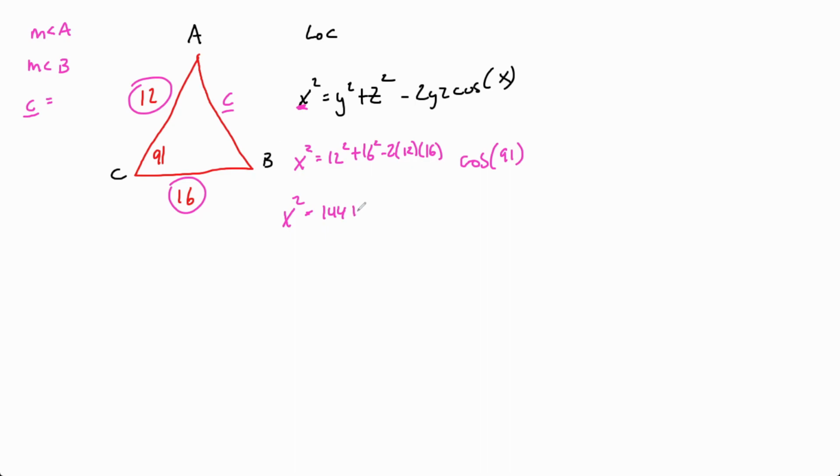See? Minus 2 times 12 times 16, 384, cosine 91. 144 plus 256 is still 400.